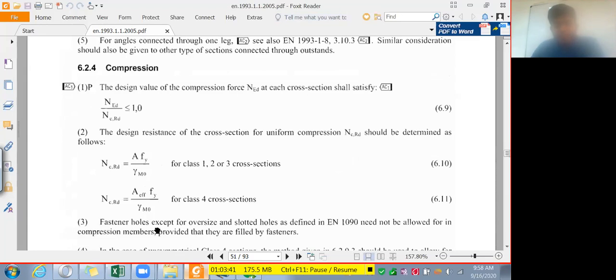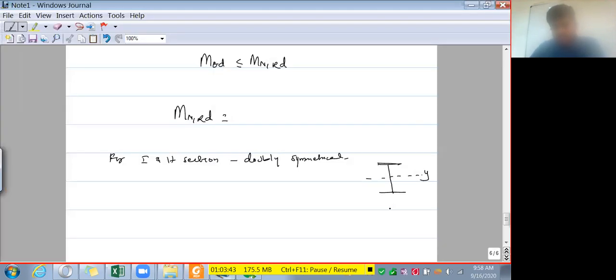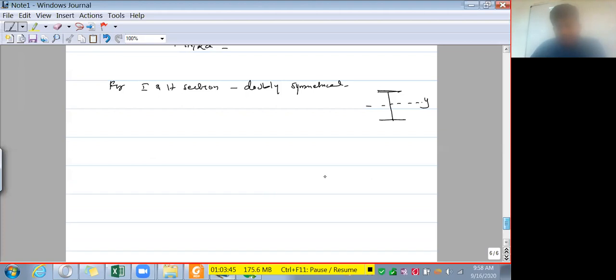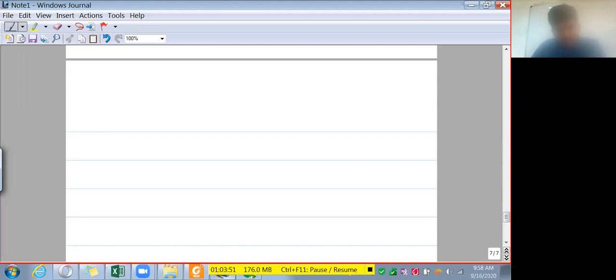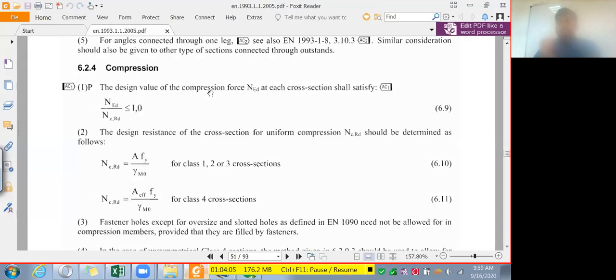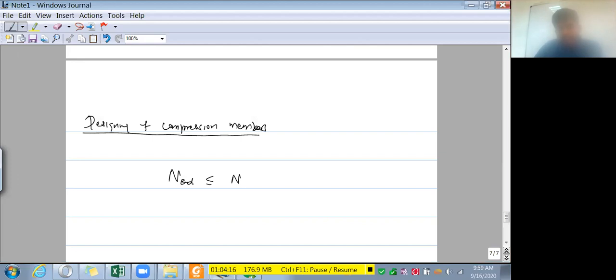So when designing compression, like the tensile members, your NED should be less than or equal to NCRD.